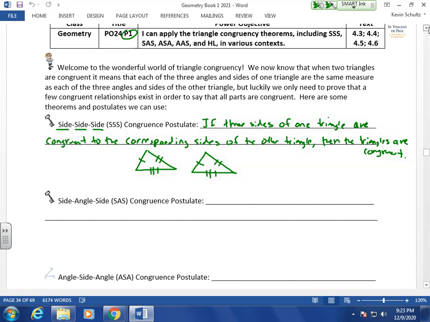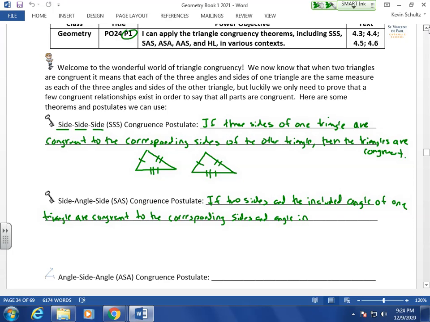And this one says, if 2 sides and the included angle, and that's an important distinction that I'll explain in just a little bit here, but if 2 sides and the included angle of one triangle are congruent to the corresponding sides and angle in the other triangle, then the triangles are congruent.